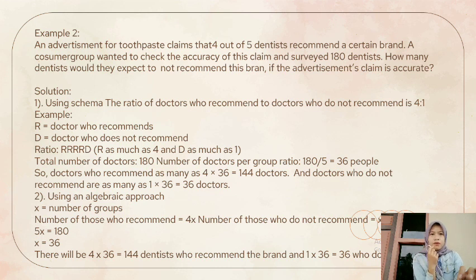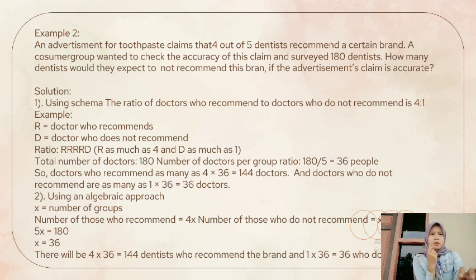Total number of doctors is 180. Number of doctors per group ratio equals 180 divided by 5 equals 36 people. So doctors who recommend are 4 times 36 equals 144 doctors, and doctors who do not recommend are 1 times 36 equals 36 doctors.